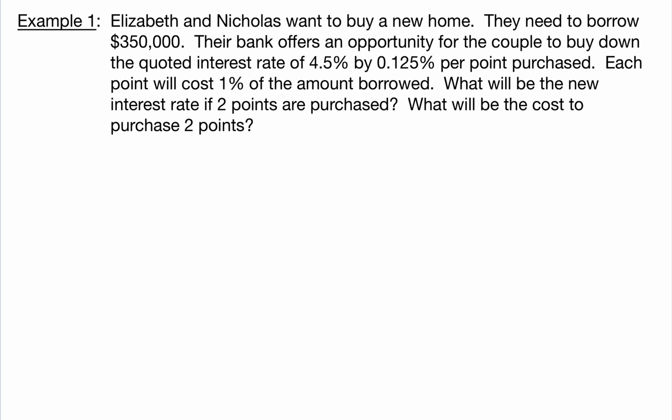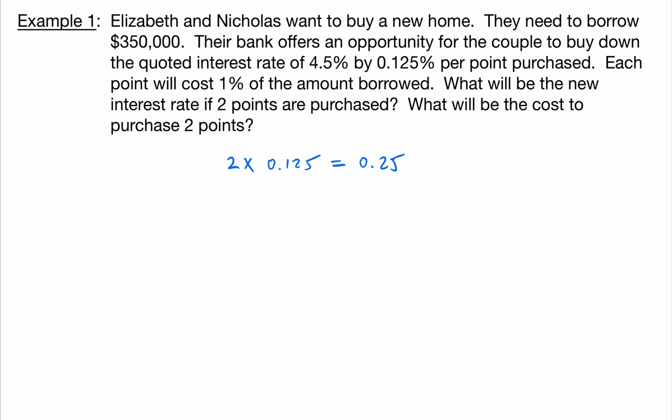Okay, so let's go ahead and answer the first question. What will be the new interest rate if 2 points are purchased? Okay, so what we're going to do is take 2 points and multiply that by 0.125 because that's the percentage per point purchased. And when we multiply that, that works out to 0.25. So buying 2 points will reduce the interest rate by 0.25%.